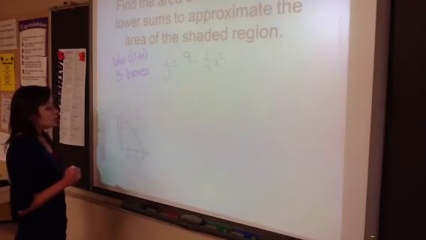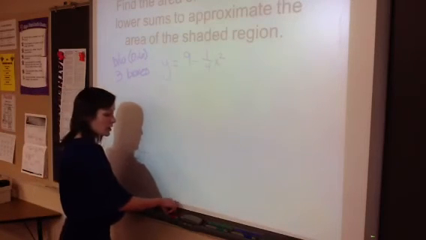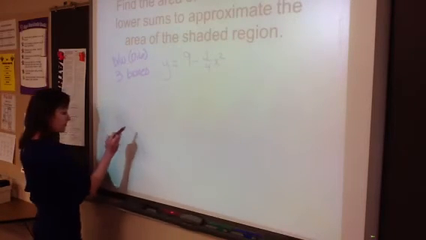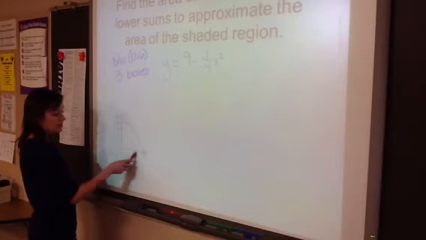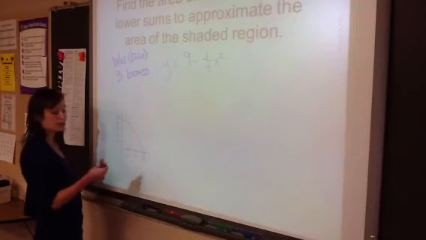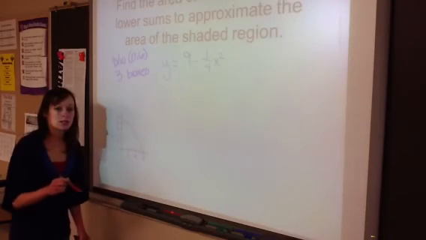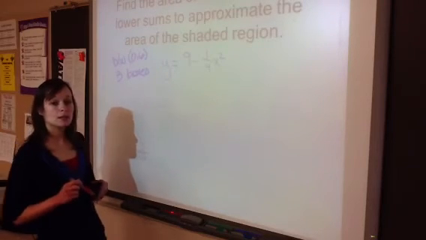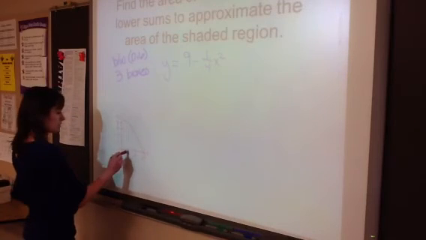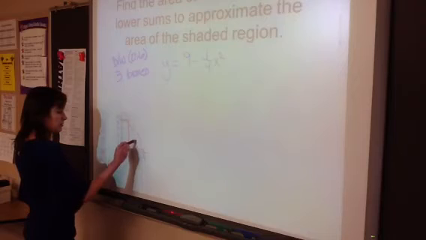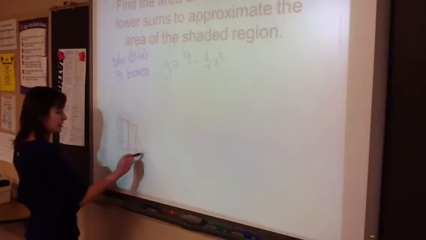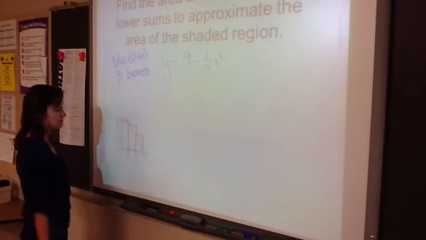Alright, so if we do our upper ones in red, we need to split this into 3 parts. It's 6 units across, and we want 3 boxes, so each box's width would be 2. So we're going to make 2 wide, go to the top, 2 wide, go to the top, 2 wide, go to the top.